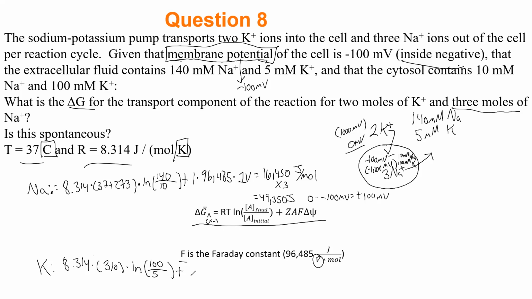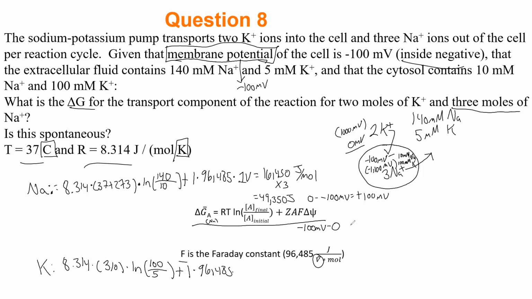Plus the charge of potassium, which is 1. So 1 times Faraday's constant, multiplied by the charge difference. Here, our final destination is negative 100 millivolts minus our initial location outside the cell, which is 0.